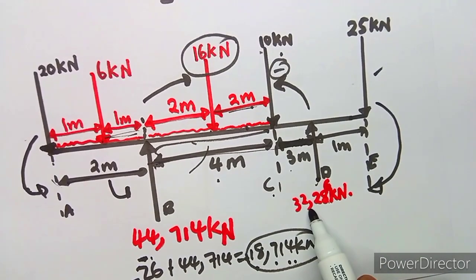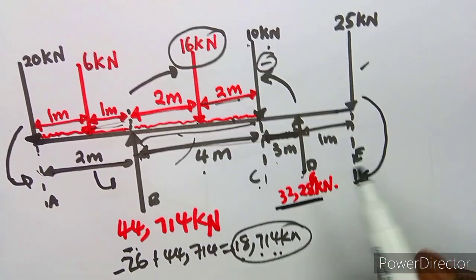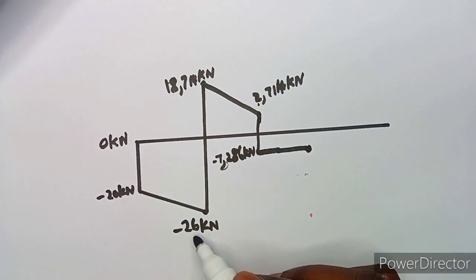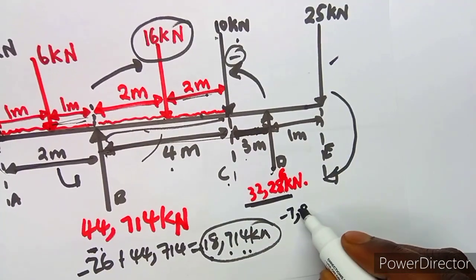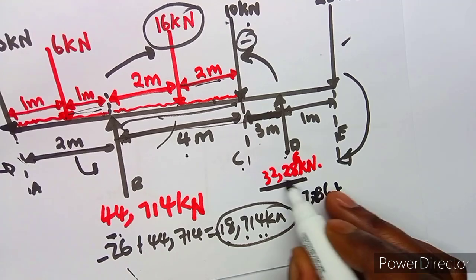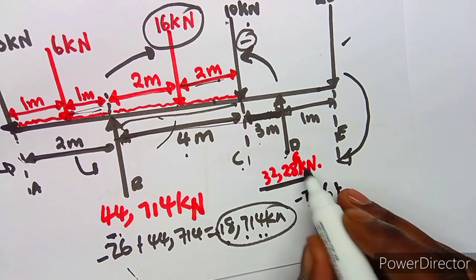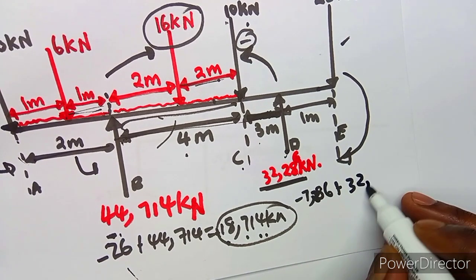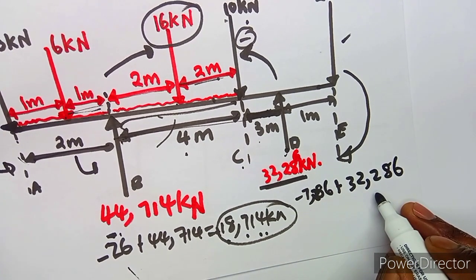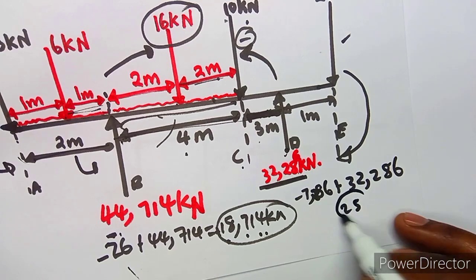Then there is a support of 32, so you add -7,286 plus this support, because a support goes upwards and it's a positive, so you add 32.